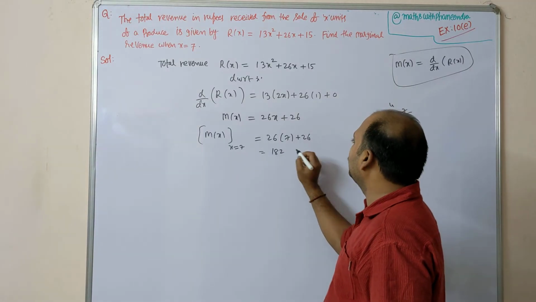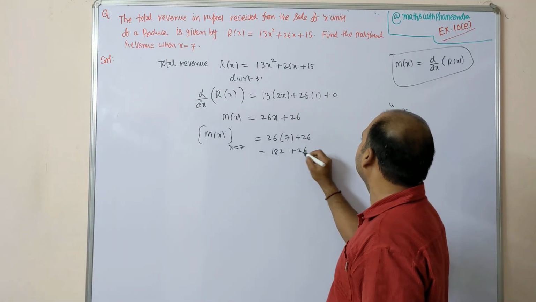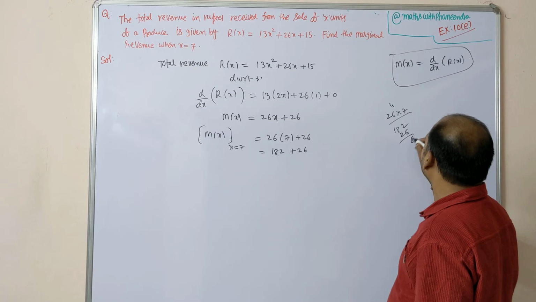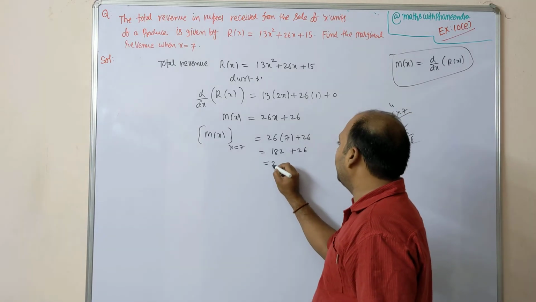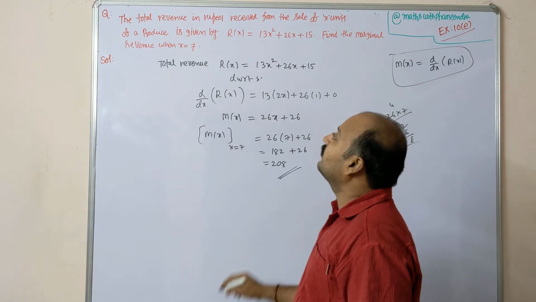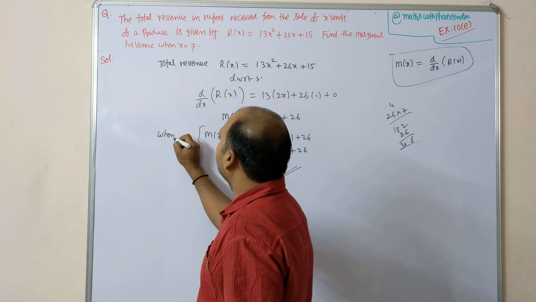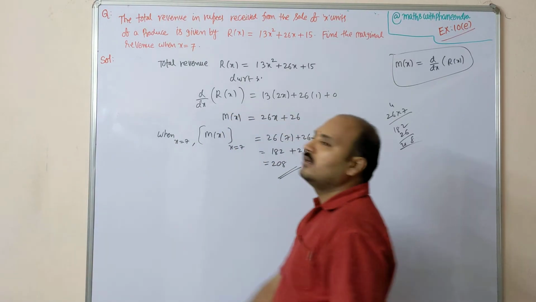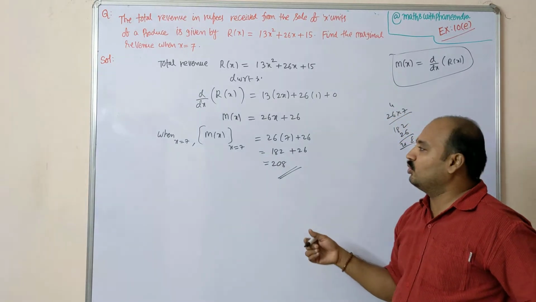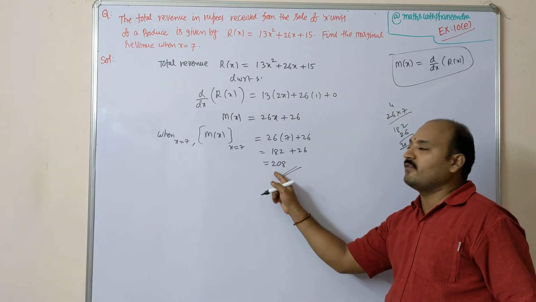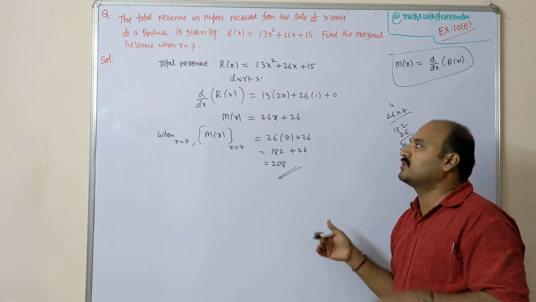So 182 plus 26 is 208. Therefore, when x is equal to 7, the marginal revenue is 208.